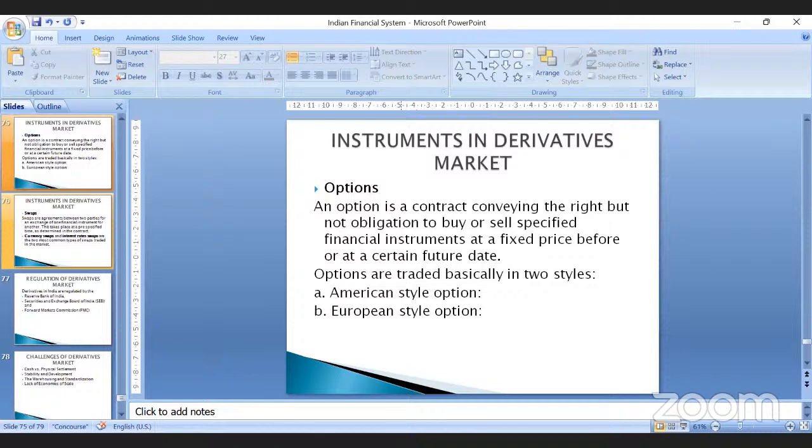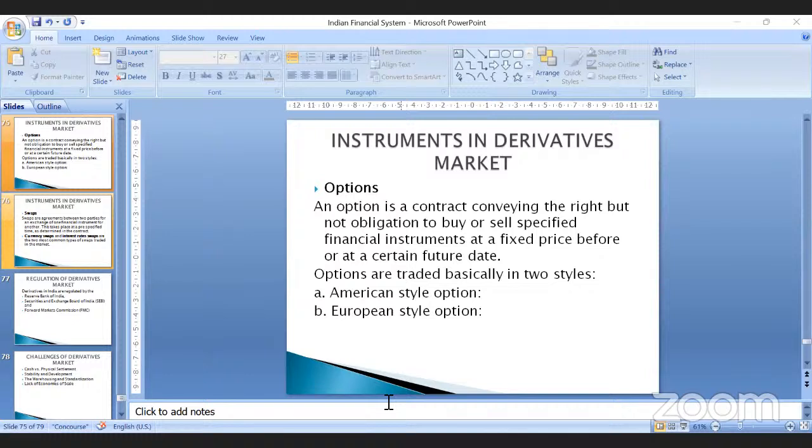Next comes the options market. An option is also a contract or agreement which only gives the right to the buyer that, if he wants, he can buy a particular financial instrument at a fixed price before or at a certain future date. For example, December 31st is the time period given, and there is a fixed price which is decided.